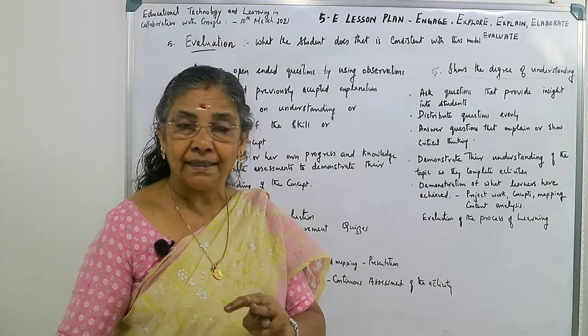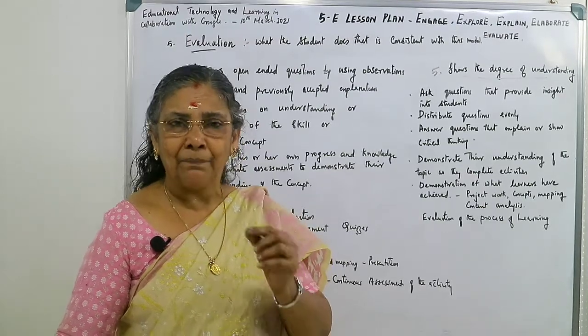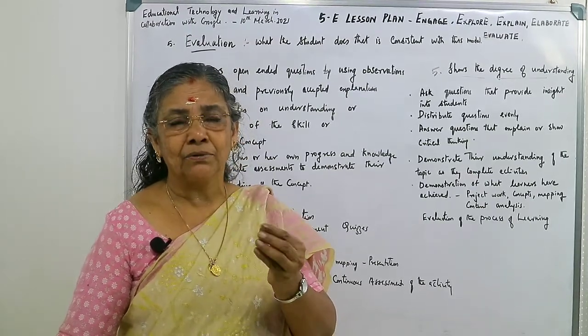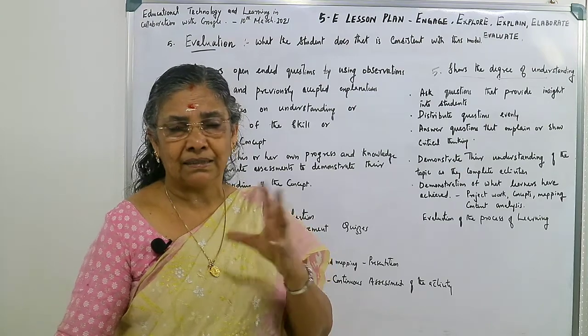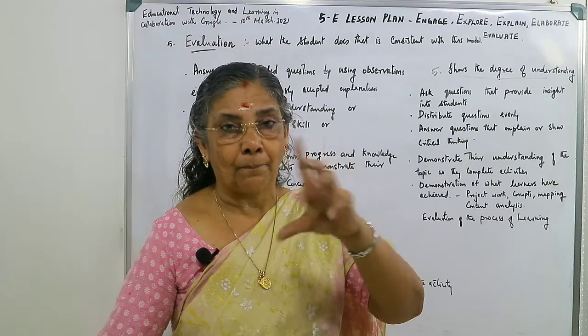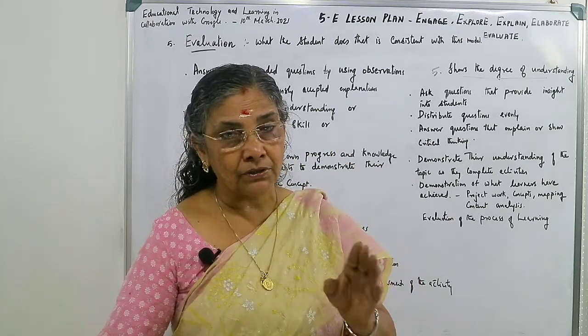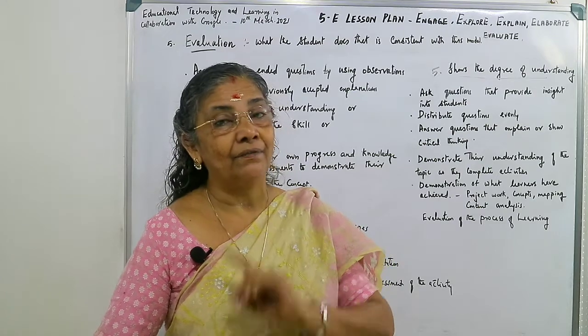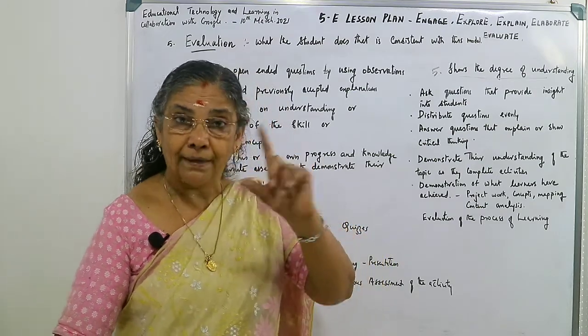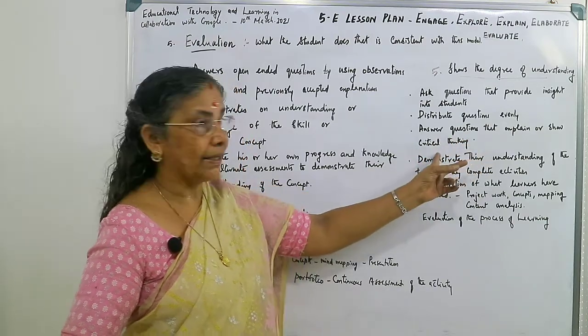In the 3 sets more or less the same questions may be there, maybe slight changes, only some 2 mark or 4 mark difference, but most often the questions may be from the same topic, and the question numbers may be different. So the questions should be distributed evenly, then only we can analyze with a proper norm. And answer questions that explain or show critical thinking.